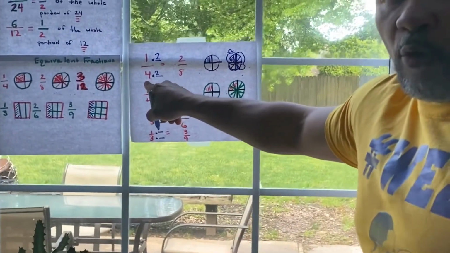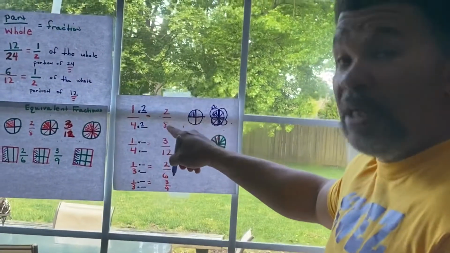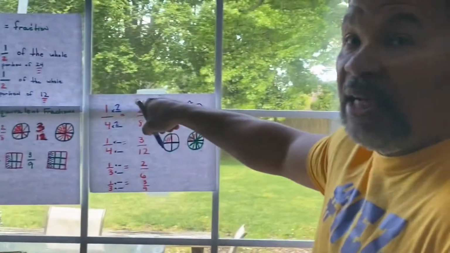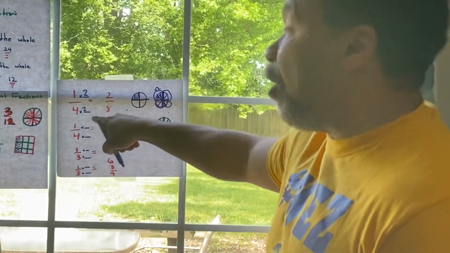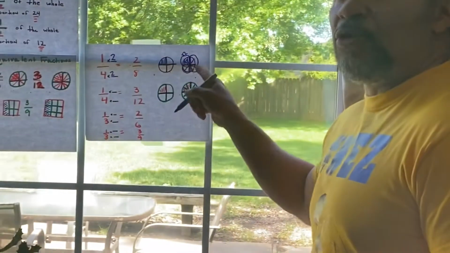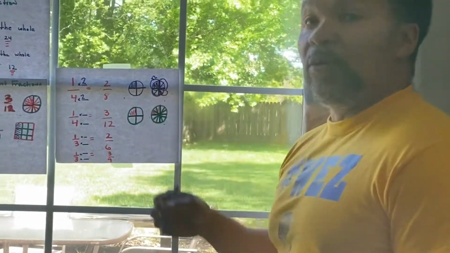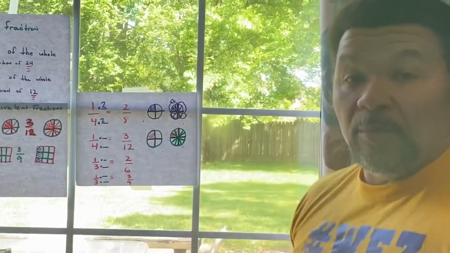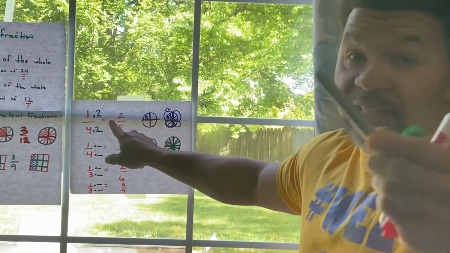If you double 4 or times it by 2, that's going to give you 8. So whatever happens for the numerator, the same thing is going to happen automatically for the denominator, because each section was split into 2 parts. Double the top, double the bottom. If you understand, then you got it.